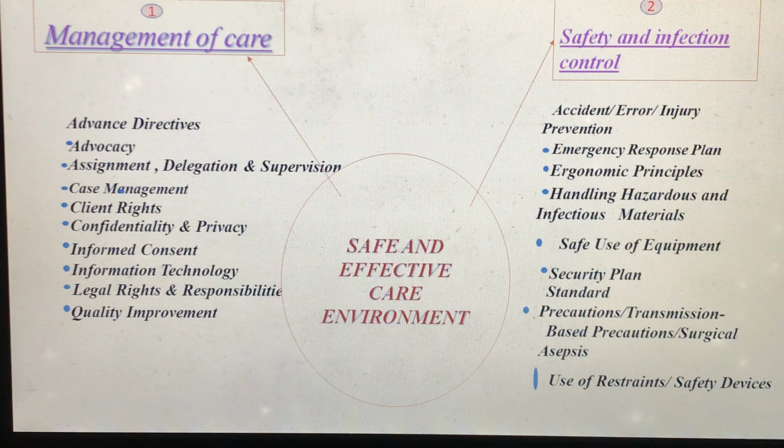So those protocols and the principles of restraints, everything we have to study well. Only then can we answer when we get options which might be confusing. I hope you are clear with the main contents which come under this safe and effective care environment. So shall we move to the next slide?